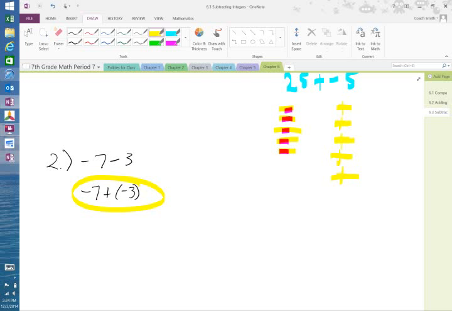Isaiah. C, yes. C is in cat. So the answer to number 2 would be C. Okay? They don't want you to simplify it down to negative 10. They want you just to put which expression mirrors that expression. And it's this one. Okay? So that's what you're doing on those 2 through, I think it's 2 through 5.